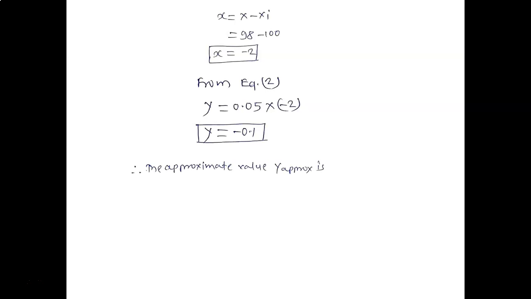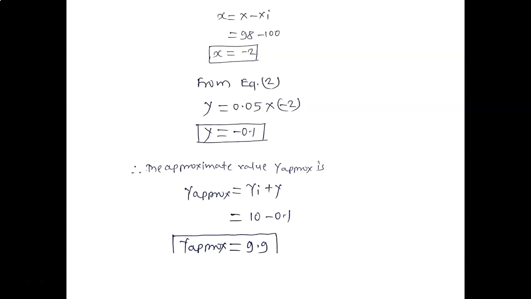Therefore, the approximate value of y, that is y approximate, is equal to capital yi plus small y. What is the value of yi? 10. What is the value of small y? Minus 0.1. Therefore, 10 minus 0.1 is equal to 9.9. That is, y approximate is equal to 9.9.